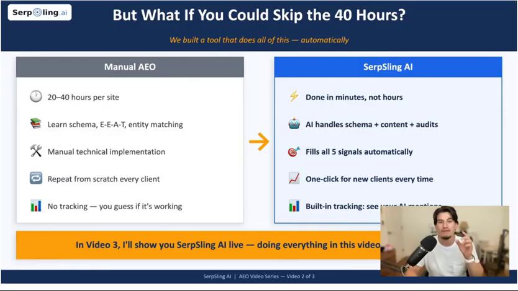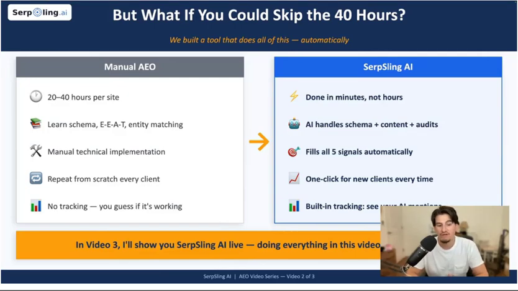You're going to get the fast track on the right-hand side, which is SerpSling AI, done for you in minutes, not hours. AI handles the schema, the content, the audits. It fills all 5 signals automatically. It's one click for new clients every time, with built-in tracking so you can see your AI mentions.